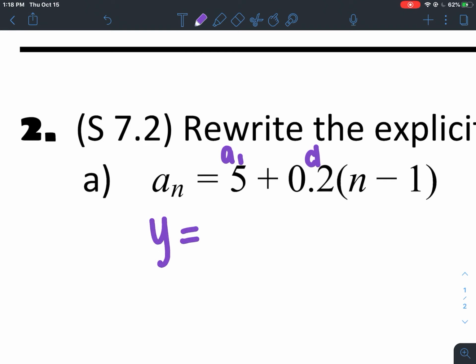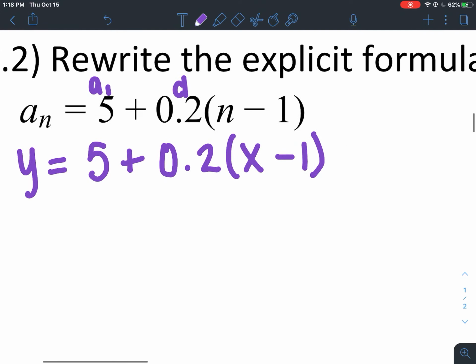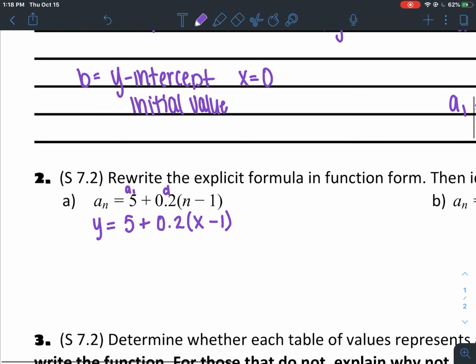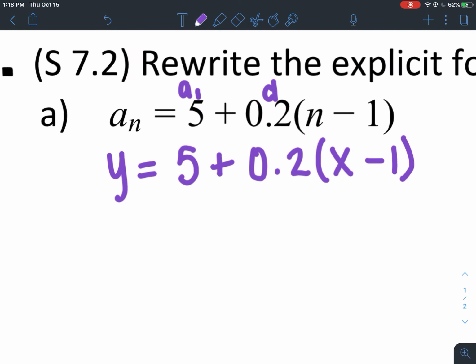So let's go y equals 5 plus 0.2 times x minus 1. And then we will distribute the 0.2 to get rid of the parentheses because I'm trying to get it to be f of x equals mx plus b. We don't have any parentheses, so I want to get rid of those first.